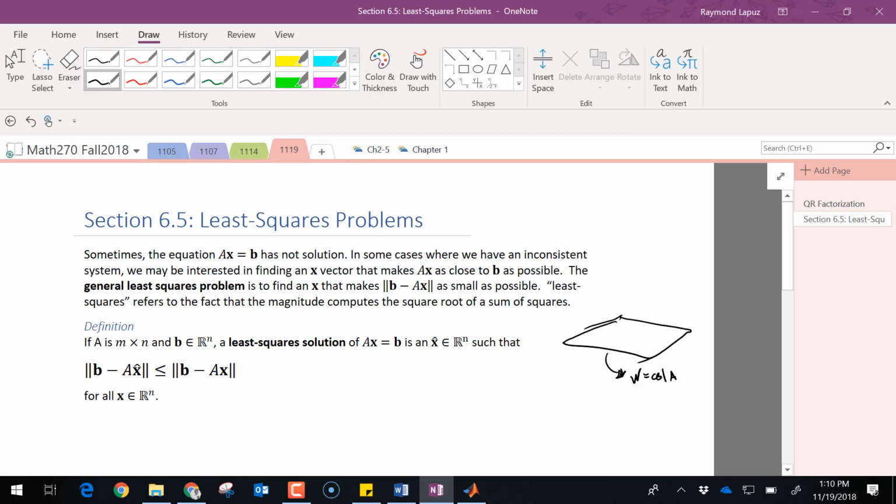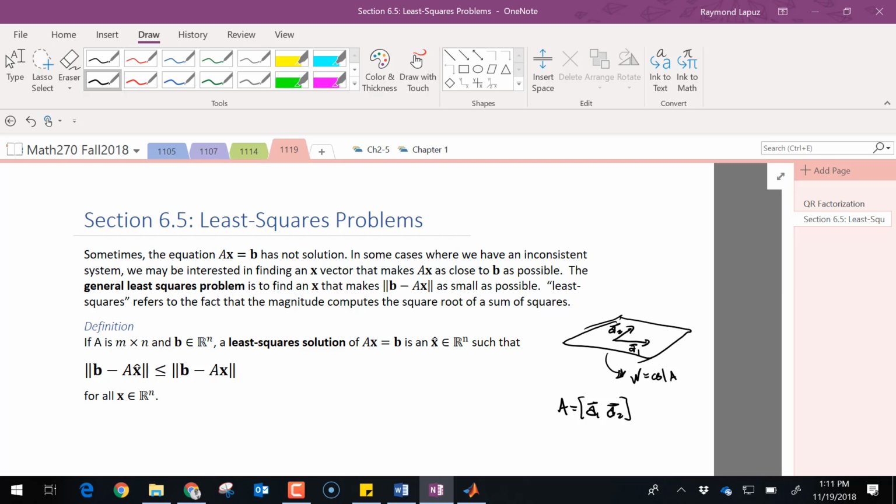So suppose W is the subspace spanned by the columns of A, and so one vector would be A1, and another vector would be A2. These are boldface vectors, and they make up the matrix A. So let's say A equals A1 and A2, and imagine them as being columns.